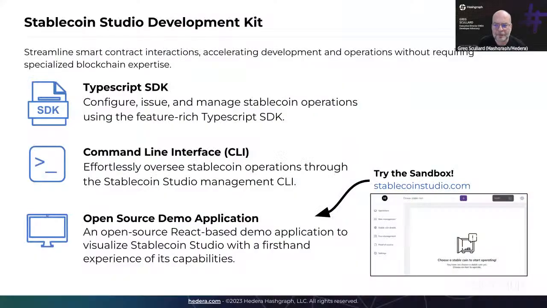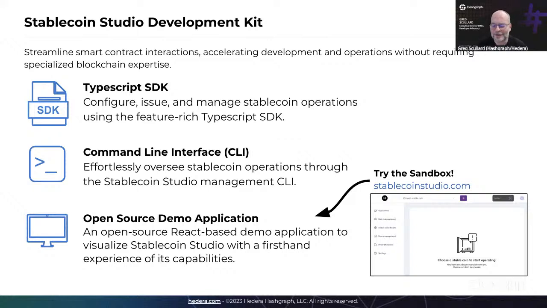So in order to build with Stablecoin Studio, we've provided three component parts or three key elements. An SDK, which Tamara alluded to earlier, which essentially abstracts a lot of the underlying complexity of dealing with Hedera as a blockchain or public distributed ledger. We've built a command line interface which uses the SDK so that you can operate a stablecoin using a command line interface.